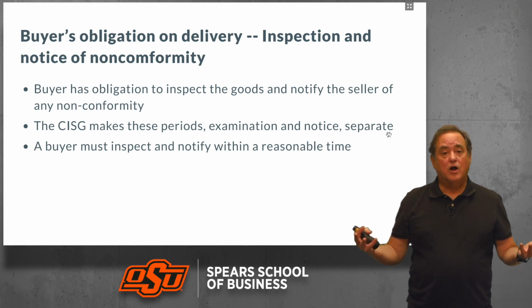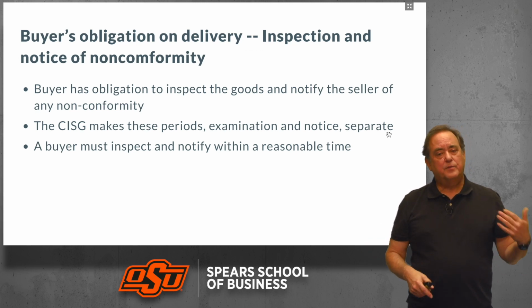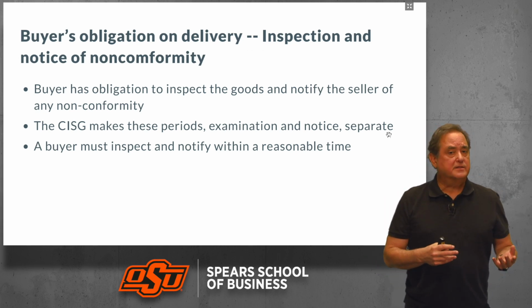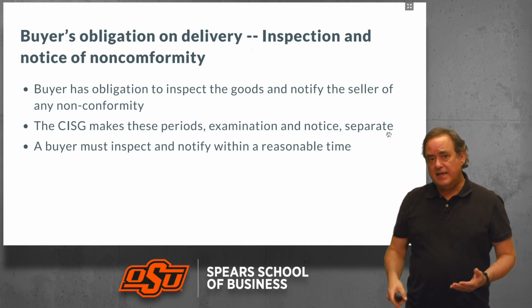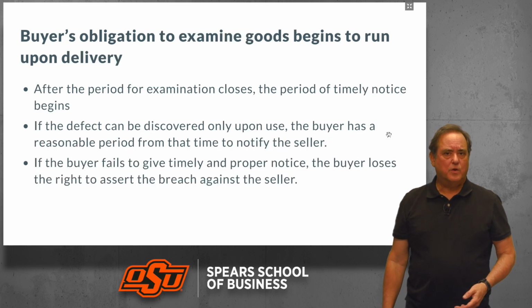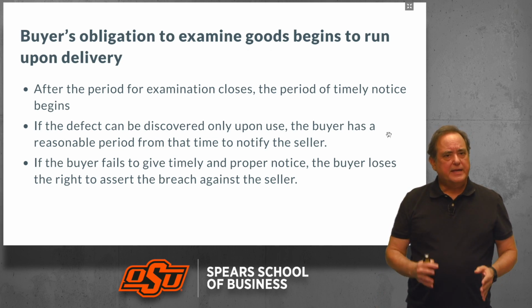If the goods are machine tools that aren't going to be used for 30 days, then the buyer must inspect and notify within that reasonable time period. Now, the reason that the buyer has this obligation is that the seller is going to have a right to cure any nonconformity.